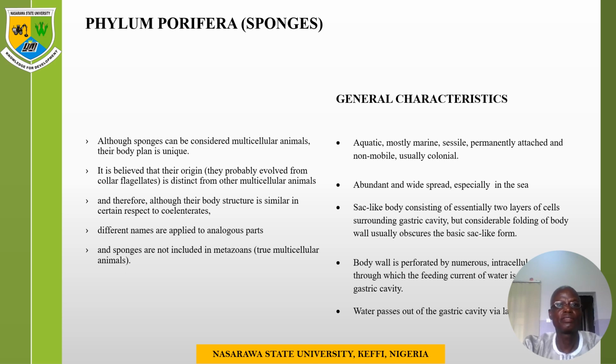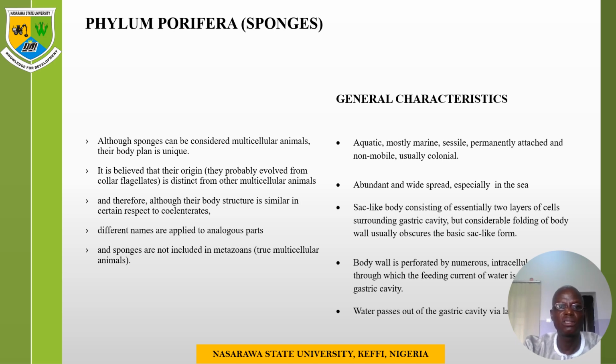We also have under the animal kingdom the phylum Porifera. These organisms are referred to as sponges. Although sponges can be considered multicellular animals, their body plan is unique. It is believed that they probably evolved from the collar flagellates and are distinct from other multicellular animals.